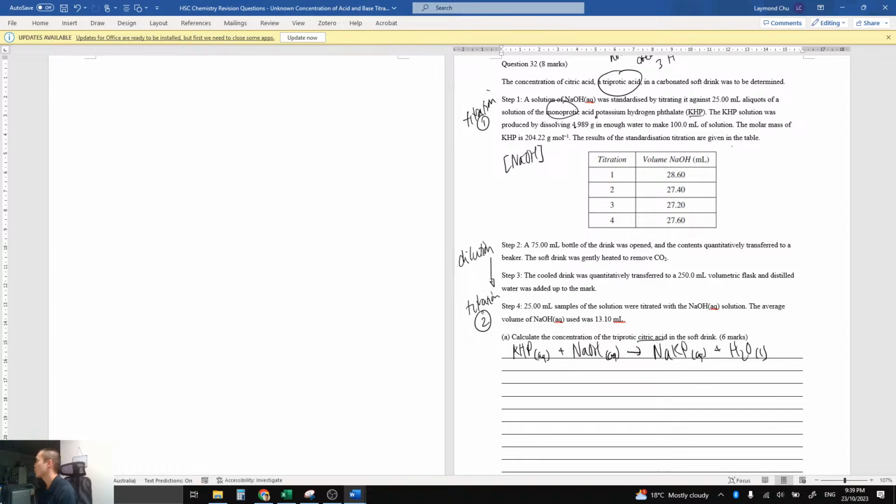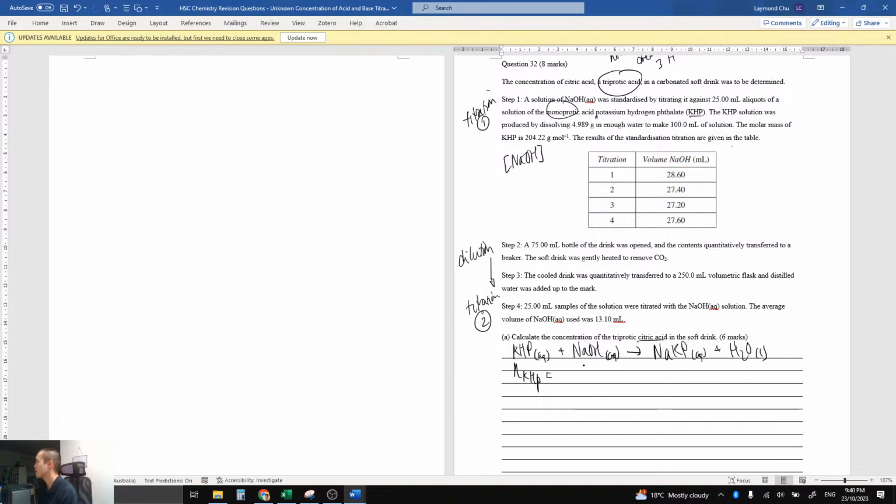So we need to find the concentration of our KHP first, or at least the moles of KHP. So how do we do that? n of KHP equals mass over molar mass. We've got a mass, we've got a molar mass.